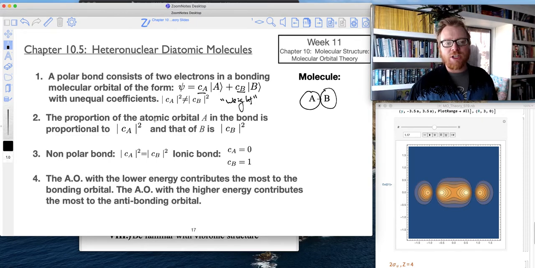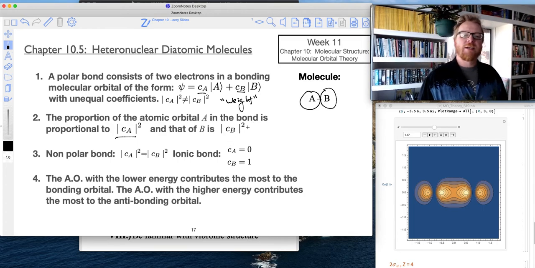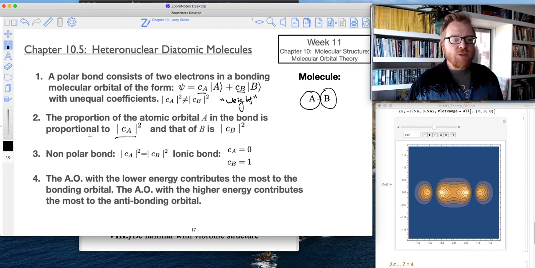So the proportion of the atomic orbital A in the bond is proportional to that weighting coefficient, and that of B is related to its weighting coefficient, right? So that's kind of just what I was saying there. So a nonpolar bond, of course, would mean the 2 coefficients are equal, right? They contribute equally. And also, interestingly, in an ionic bond, one of the coefficients is 0 and the other is 1.